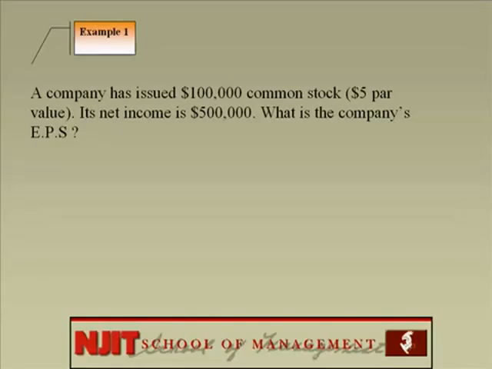That means the price the company determined for each stock was $5. Its net income is $500,000. What is the company's EPS, earnings per share? Stop this now, try this problem, and when you're done, we'll restart.